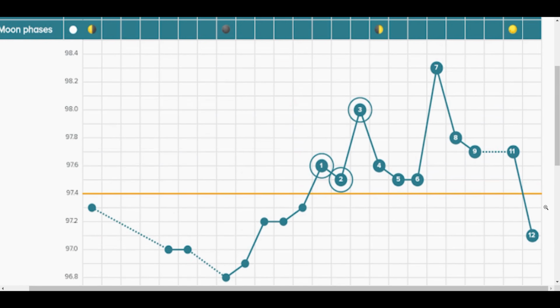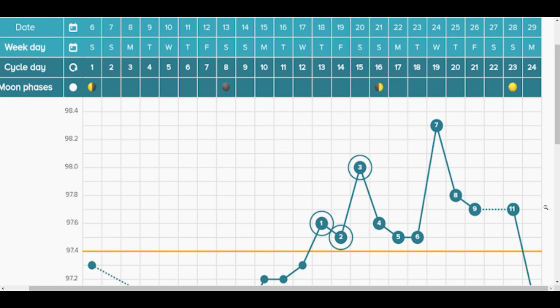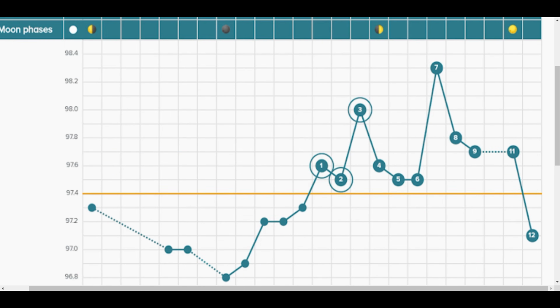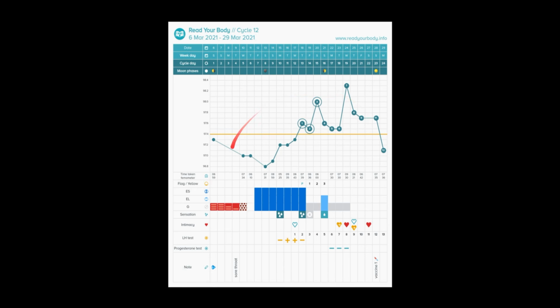So, I hope this has been helpful as we've been walking through how to read these Read Your Body charts. One thing that I realized I missed here is this yellow cover line. And as you can see here, it's right near my pointer.